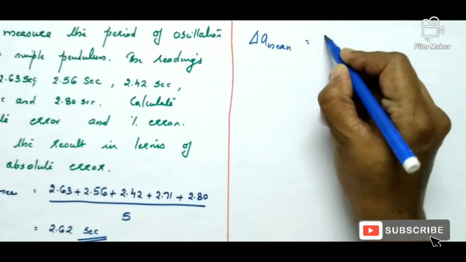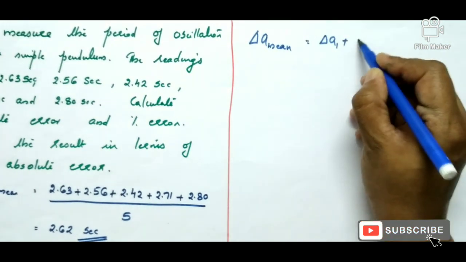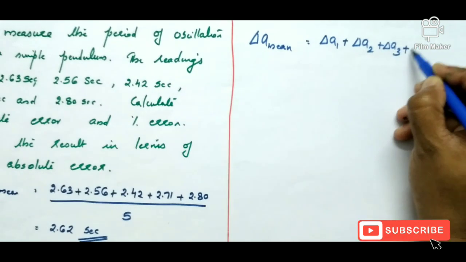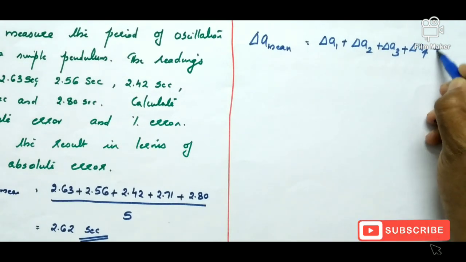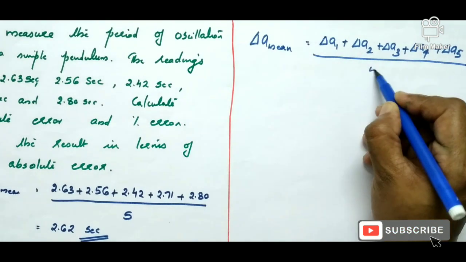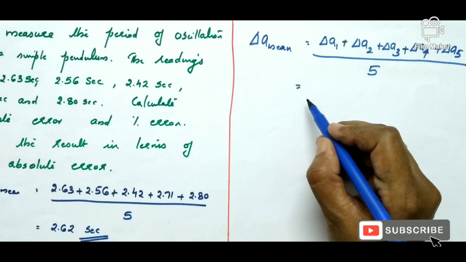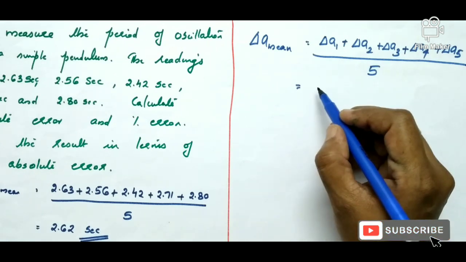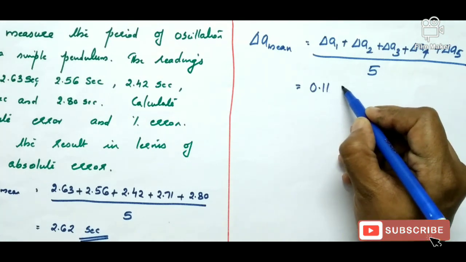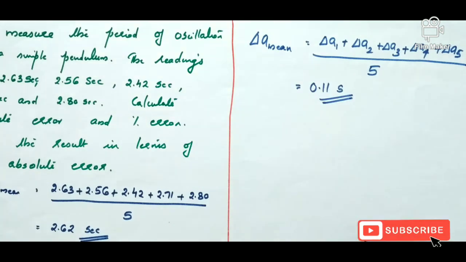It is delta A1 plus delta A2 plus delta A3 plus delta A4 plus delta A5 divided by 5. Taking the mean value, it is found to be 0.11 second. That is the mean absolute error, 0.11 second.